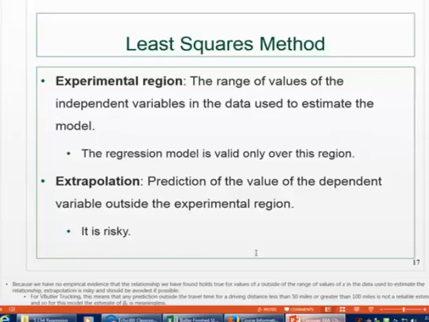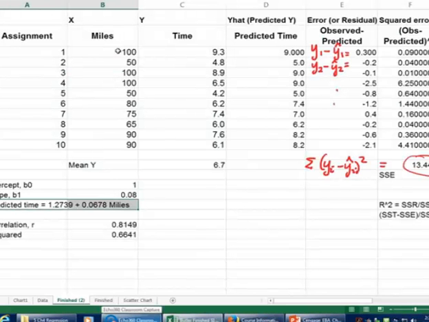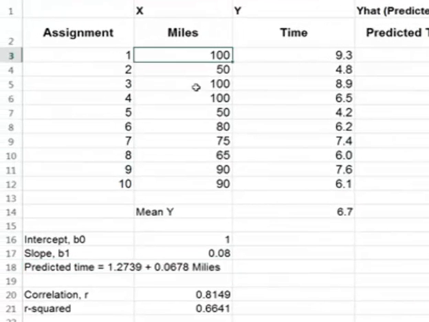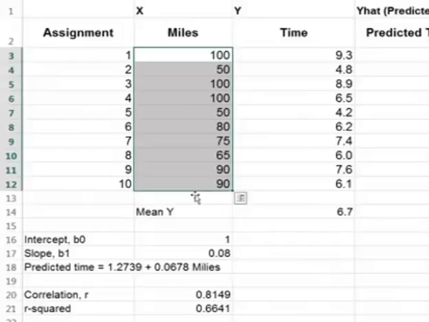Okay. So one caveat here is that when you have the regression equation, you don't want to extrapolate too much outside the experimental region. What does that mean? The interval where your data came from. If I look at my data, what is the smallest number here? 50, right?